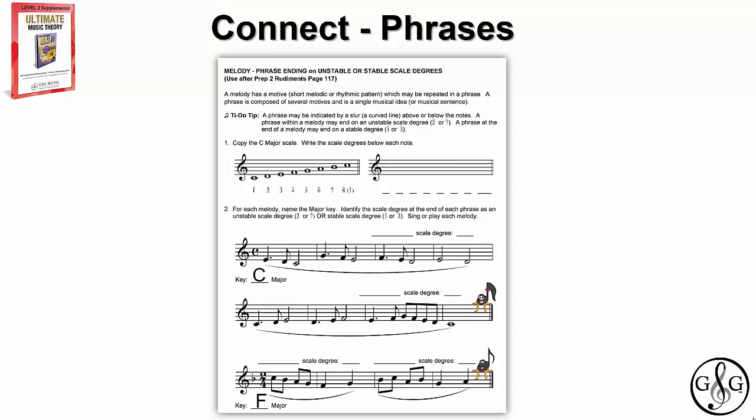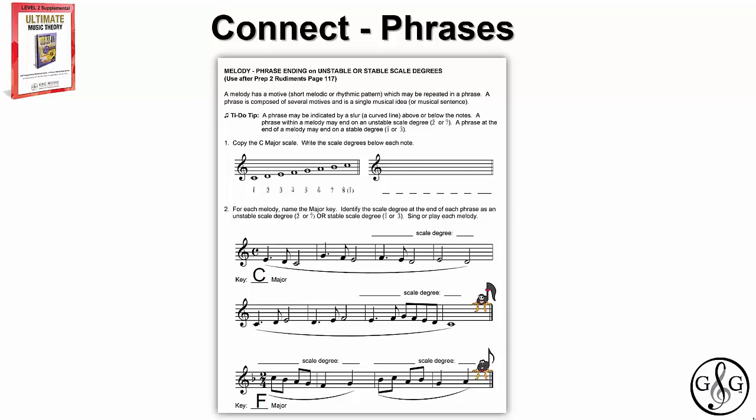So question 1 indicates to copy the C major scale and write the scale degrees below each note. So now we're just getting our degree numbers. Question 2 indicates to name the major key.